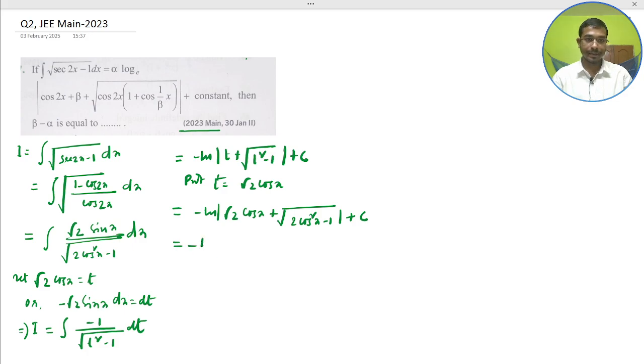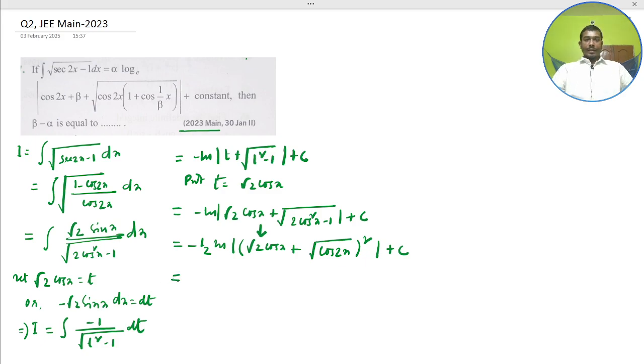This should be minus of ln of root 2 cos x as it is plus cos 2x, and this will be the whole square. So we convert this line to this line, in whole square form, plus constant as it is, that is equal to minus half.